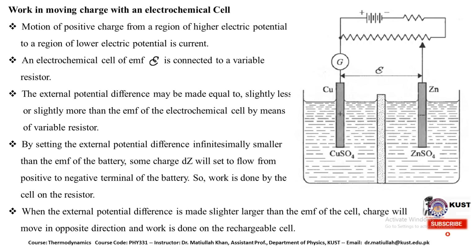Work is done by the cell on the resistors, or work is done on the cell by the resistors. In the first case, when the external potential difference is made slightly larger than the EMF of the cell, charge will move in the opposite direction and work is done on the rechargeable cell. So we again have positive and negative work done.